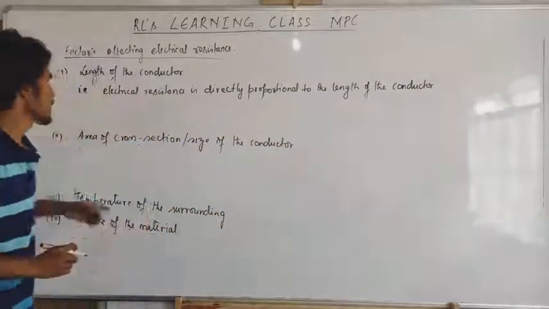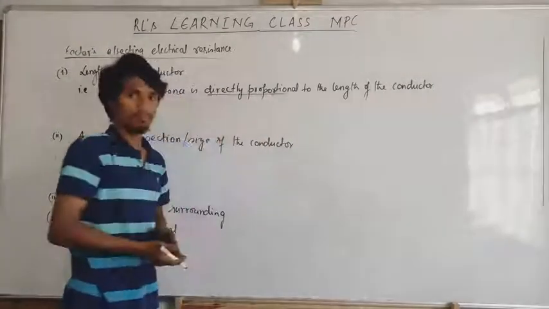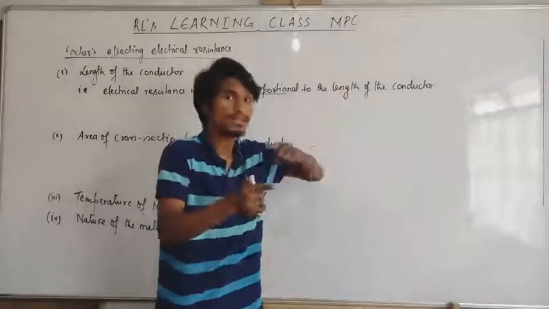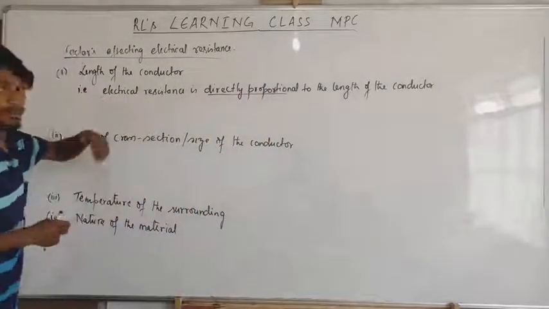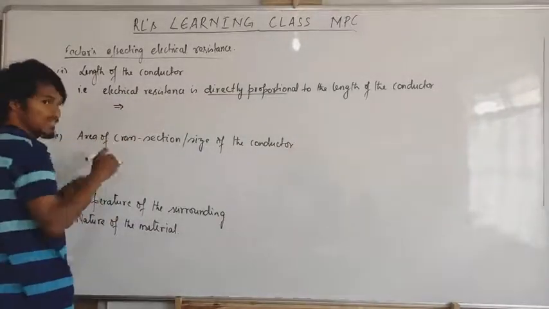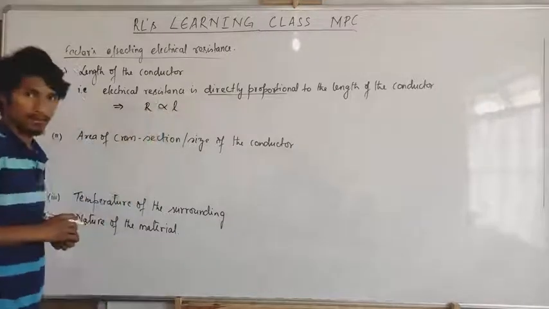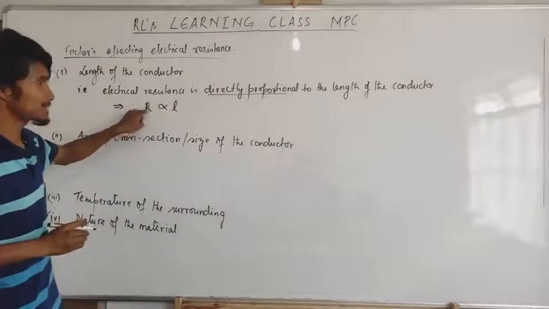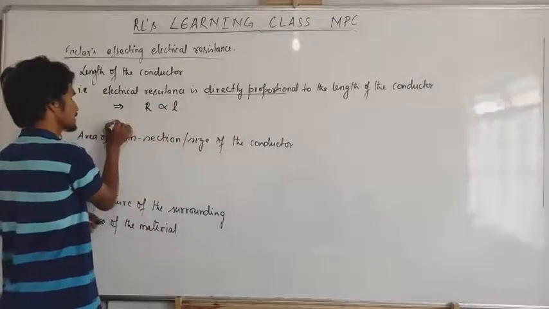Electrical resistance is directly proportional means as the length of the conductor is increasing, as the length is more, then electrical resistance will also be more. In mathematical form, we write that R is directly proportional to L. Electrical resistance is directly proportional to L, where L means length of conductor.